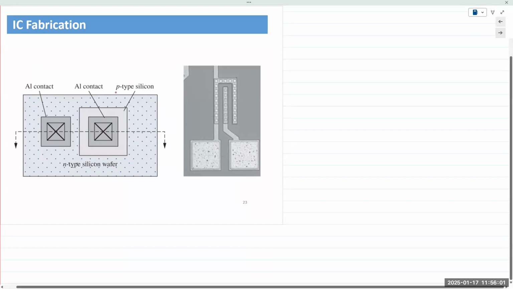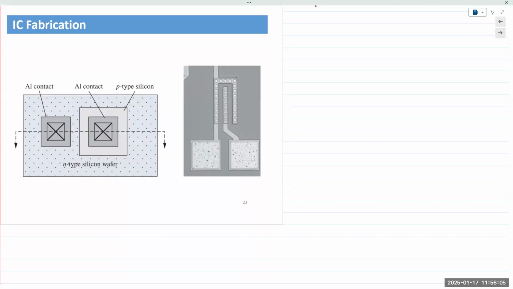We have a semiconductor material, and we say it's an integrated circuit because we are taking a large number of components and integrating them into one small piece of semiconductor material.